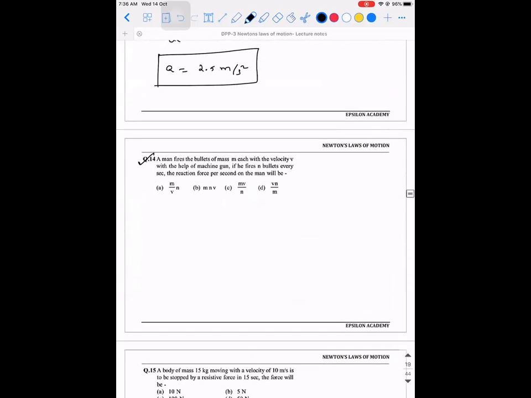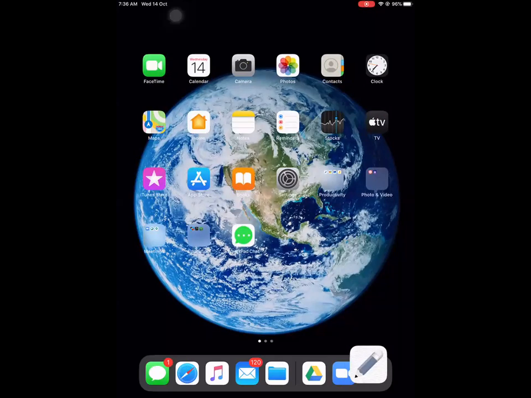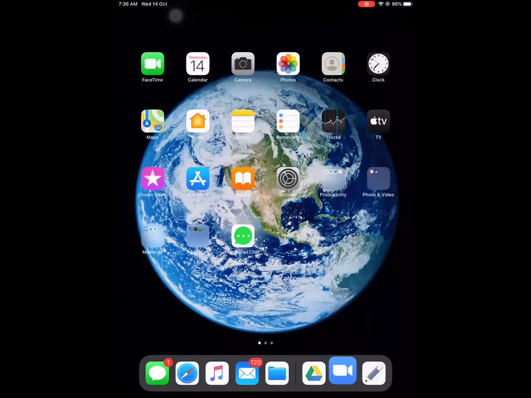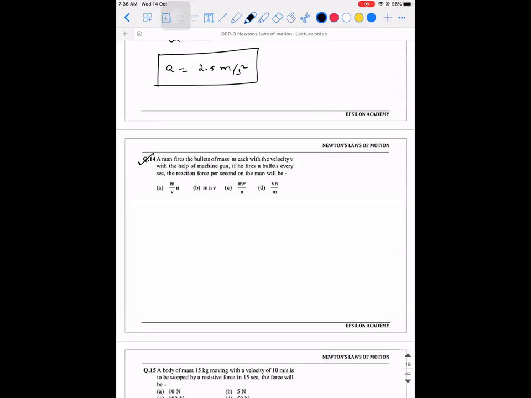A man fires bullets of mass small m, each with velocity v, with the help of a machine gun. If he fires n bullets every second, the reaction force per second on the man will be. So I want you people to tell me how to do it.